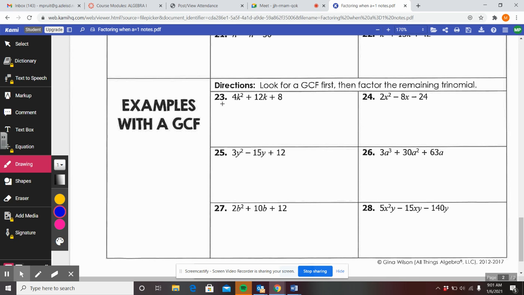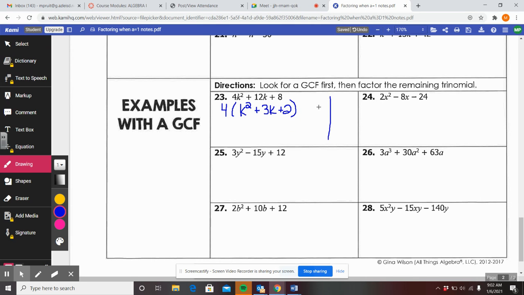So what we're going to do is we're going to factor out a 4. So when I take out a 4, what does that leave inside? So I took out that 4. What are you left with on A? K squared. Plus 4 times what gives you 12? 3. So this is 3K. 4 times what gives you 8? 2.